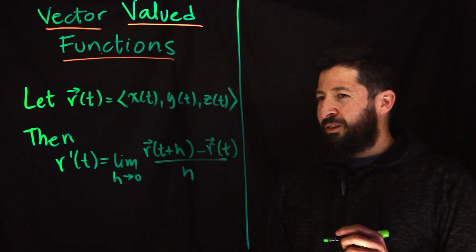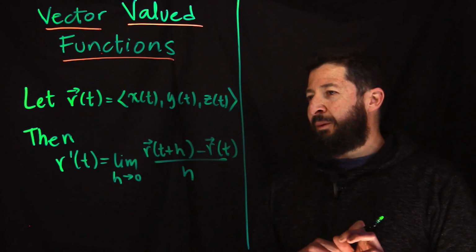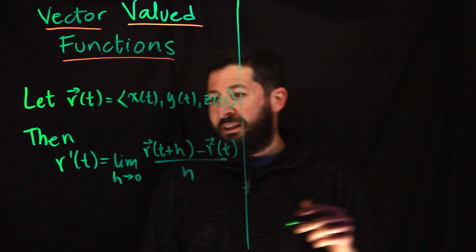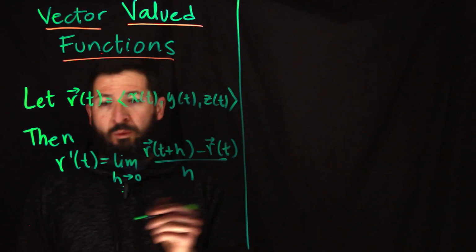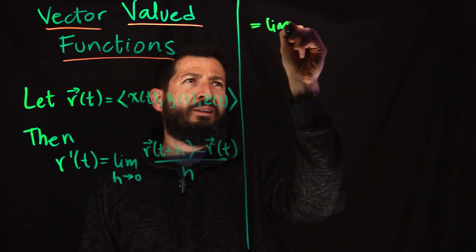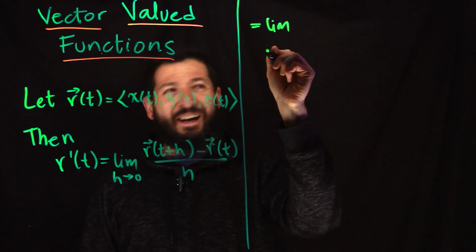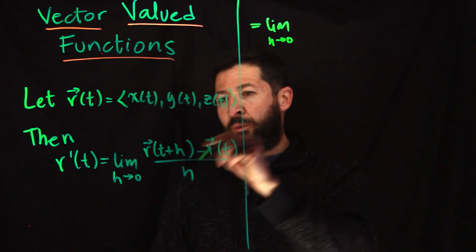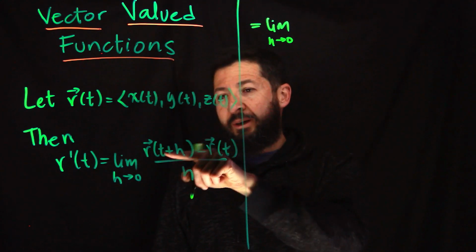I think that marker is kind of giving up the ghost. Let me change it. I'm going to get a new one. It should look better. All right, so let's take a look at what that would mean. If we write it over here, it would be the limit as h goes to 0 of, and now we have to evaluate this right here.